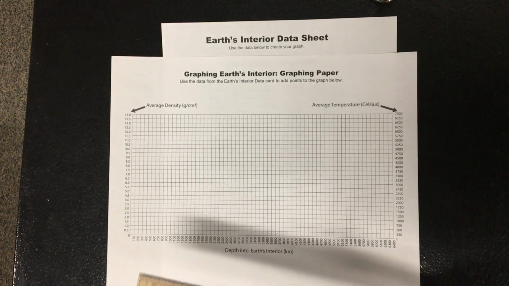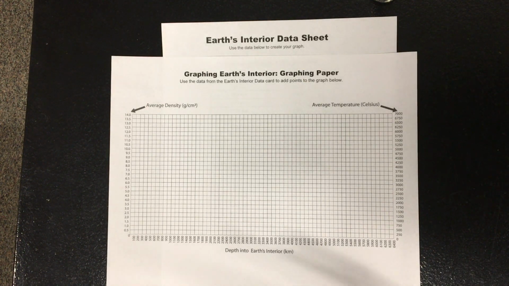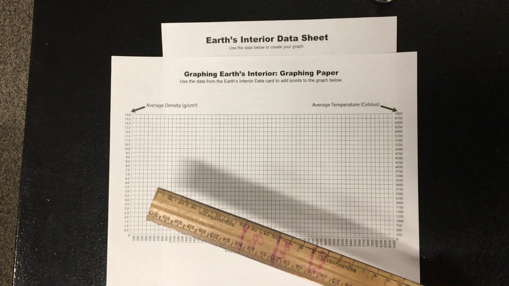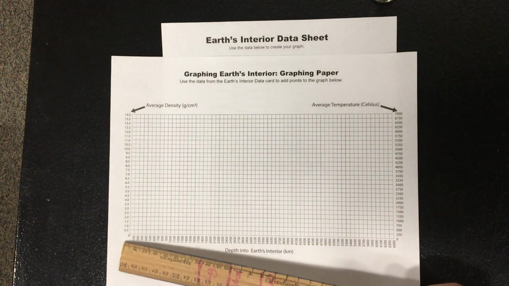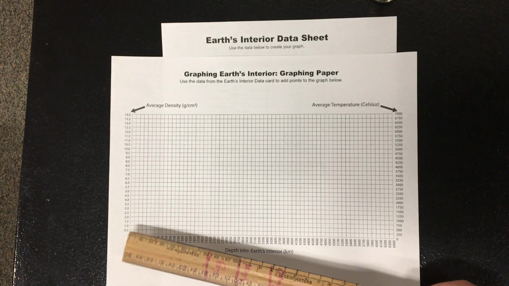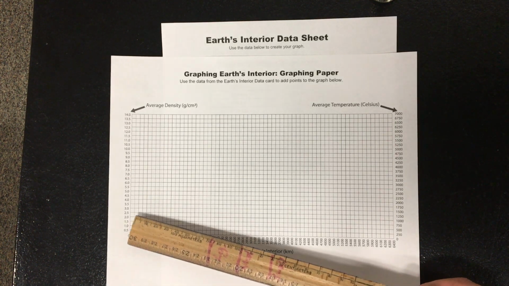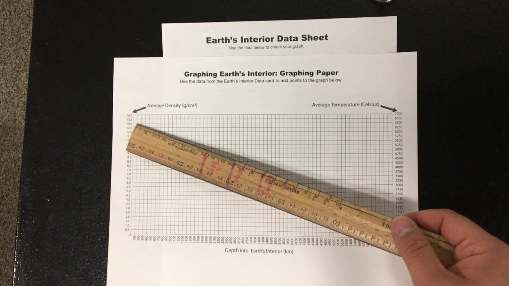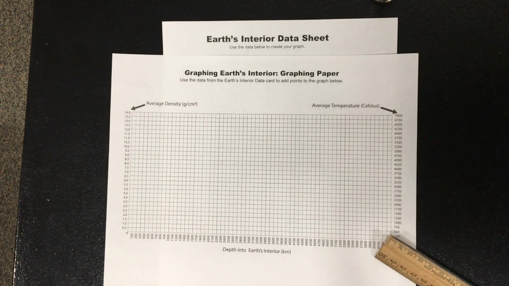We also have two y-axes here. We have our average density in grams per centimeter cubed, ranging from 0, and each line represents 0.5 grams per centimeter cubed, going all the way up to 14 grams per centimeter cubed, very dense.